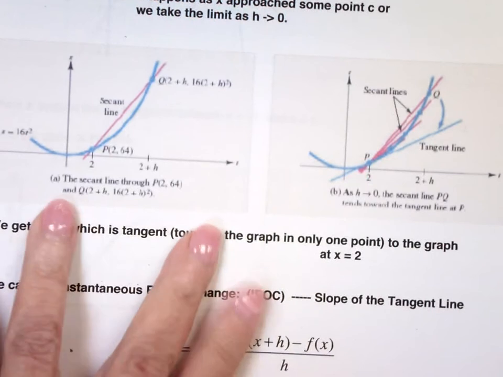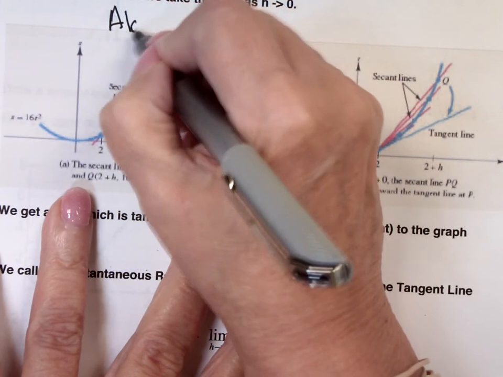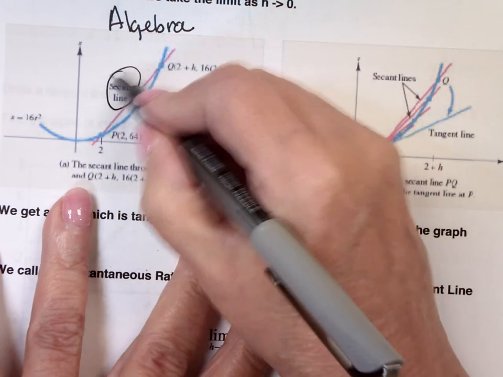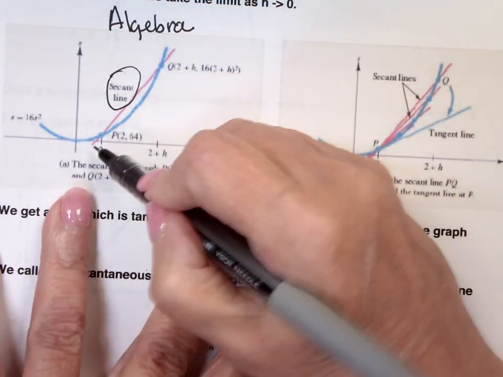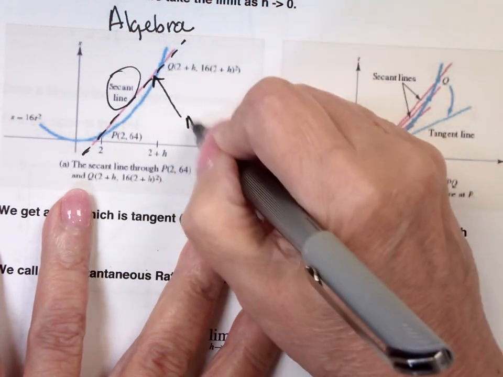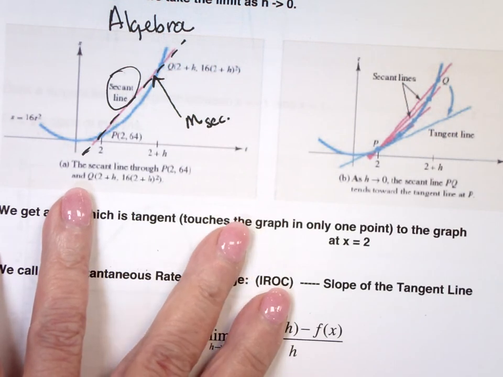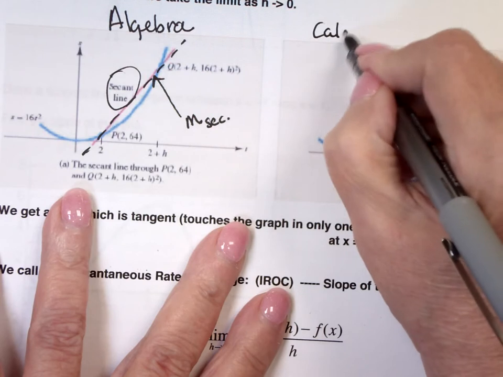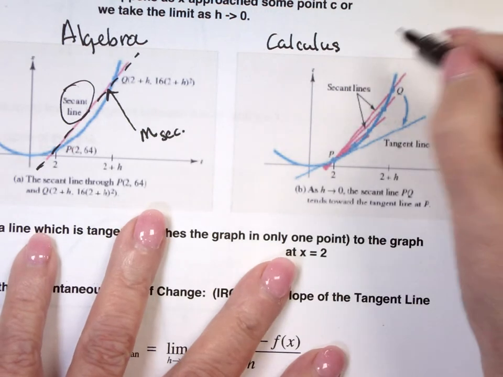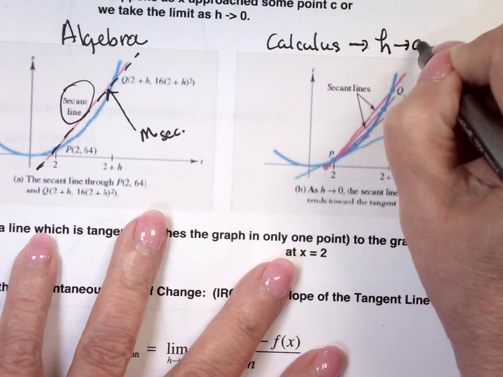So here we go. If I take a look at this guy, this is algebra. This is essentially the secant line. And what we've been working on is finding the slope of the secant. In the world of calculus, the issue becomes, I want to look at what happens when h goes to 0.